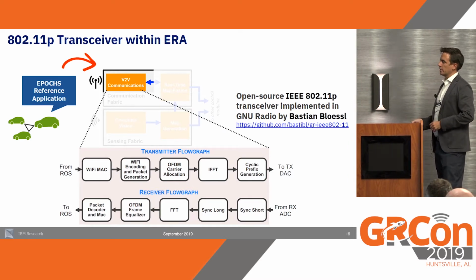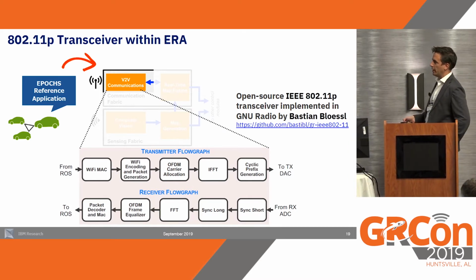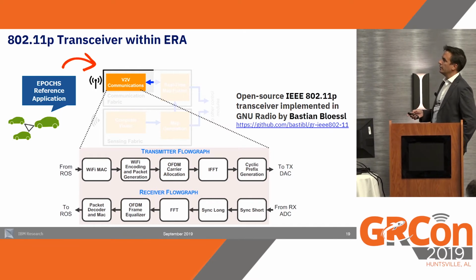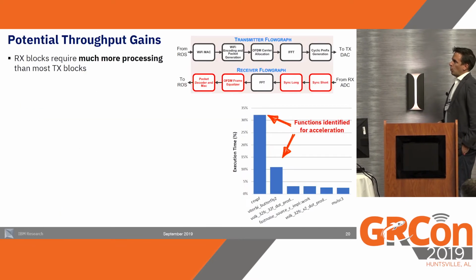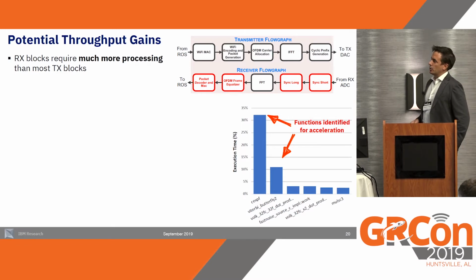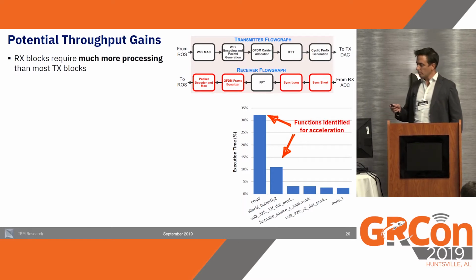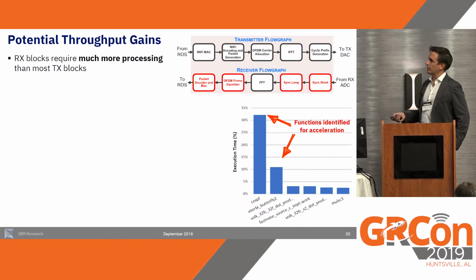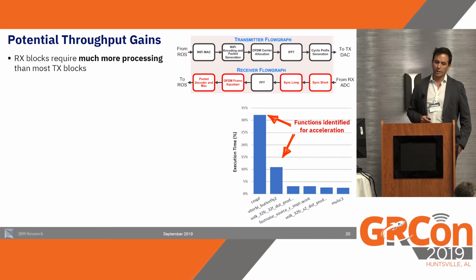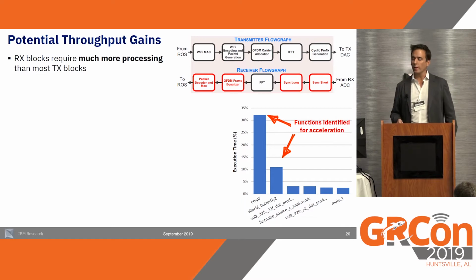As with any transceiver, we have a transmitter chain and a receiver chain. What we initially did is conduct a very straightforward performance analysis of that transceiver. We detected that some blocks, the ones in red in the receiver, for example, are the most CPU-intensive ones.